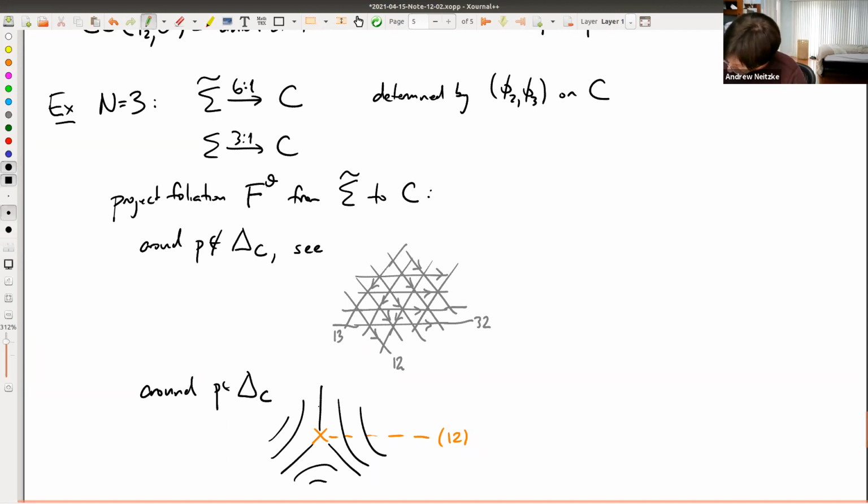And again, if I wanted, I could orient them, and then once I orient them, I can label them, say, this comes from the 1-2 sheet. Okay. So that's what the local picture of the foliations looks like, at least part of the local structure. Okay, and now I want to make the analog of the critical graph here.